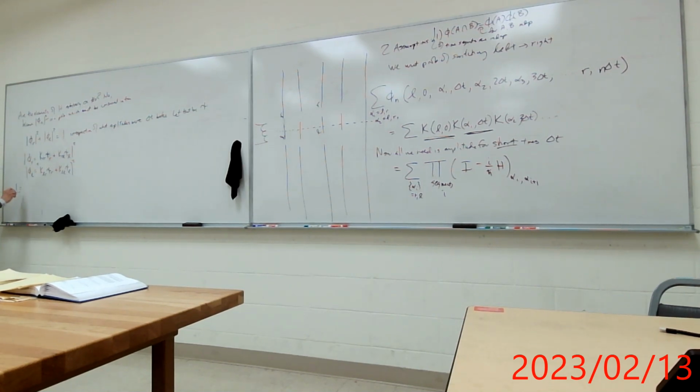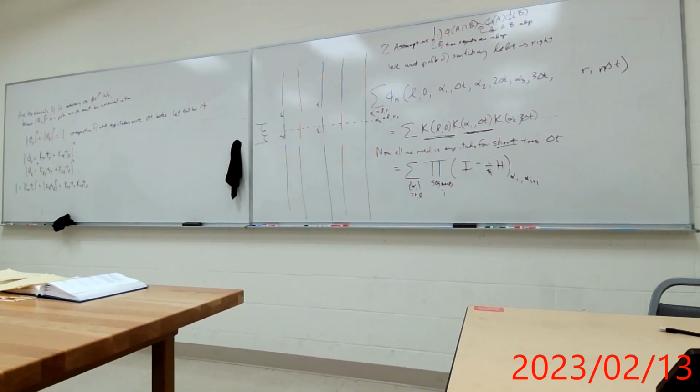So 1 has to equal KRR psi R squared plus KRL psi L squared plus KRR psi R KRL psi L. That's the cross term, right?